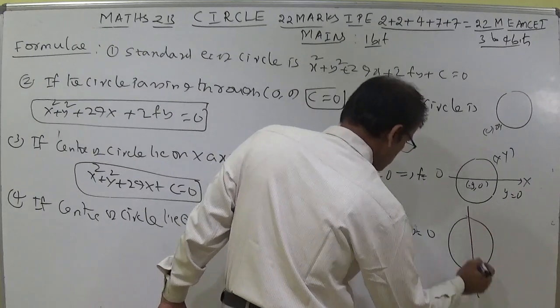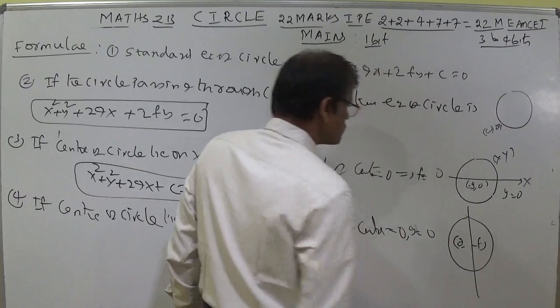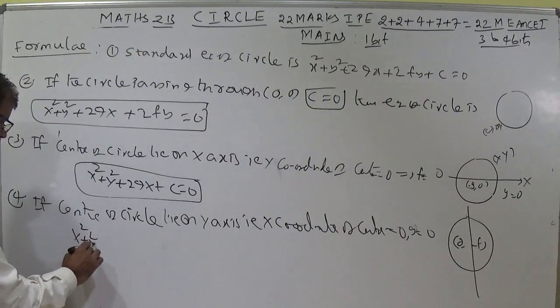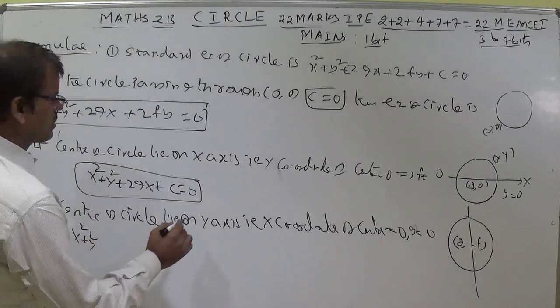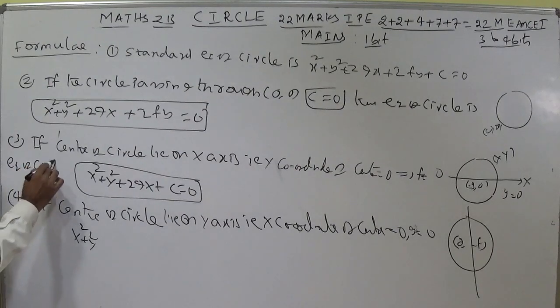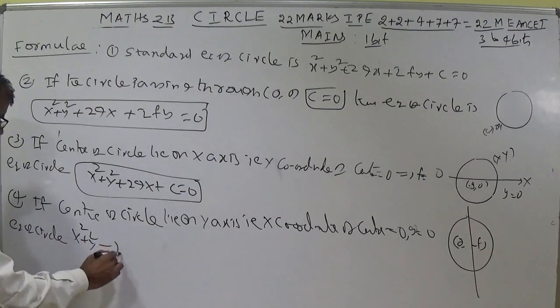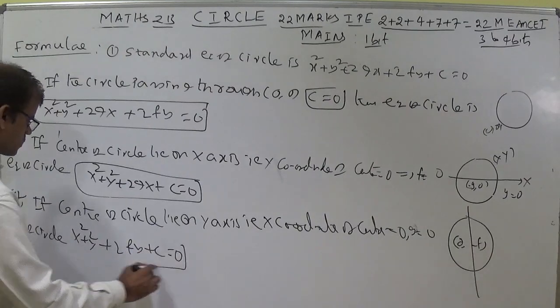Write like this. Here you can write (0, minus f). So the equation of the circle here is x square plus y square plus 2fy plus c equal to 0.